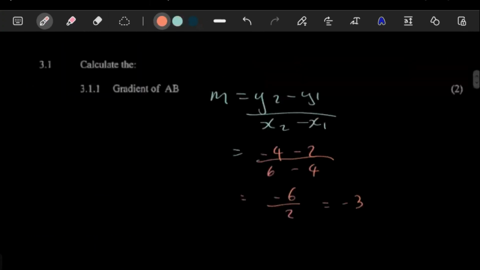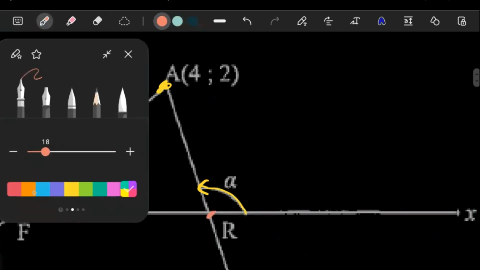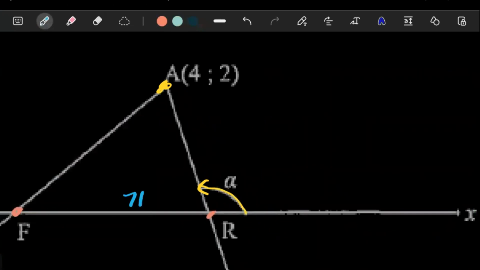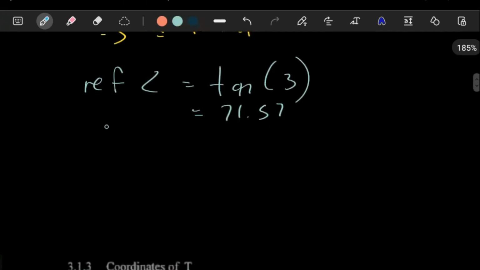But remember we said you have an acute angle somewhere and an obtuse angle. The reason for using a reference angle is that if you get an acute angle, it's this side, and the obtuse angle is 180 minus this value. So alpha is going to be 180 degrees minus 71.57. 180 minus this answer is 108.43.